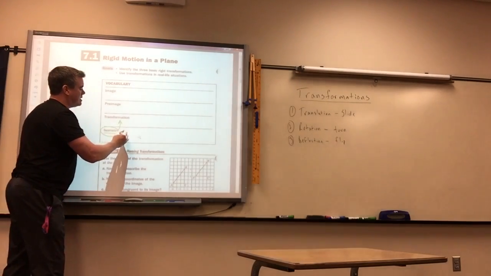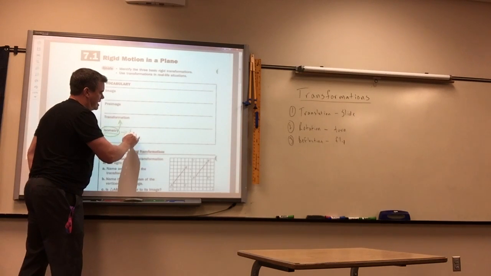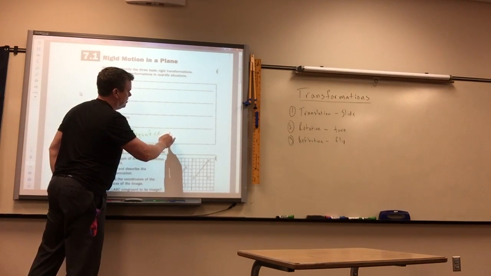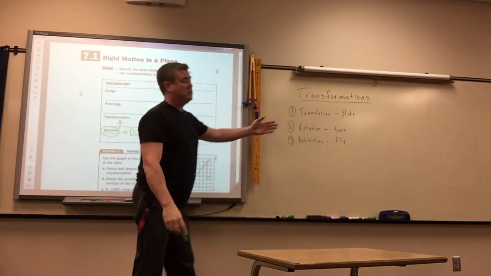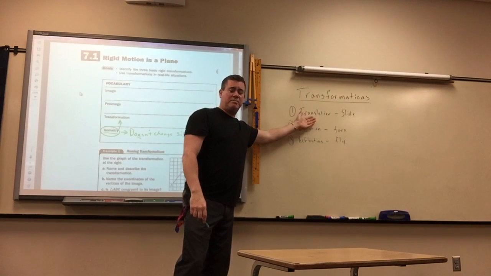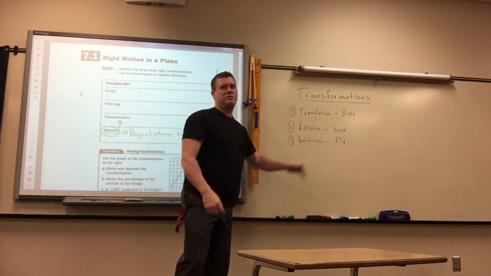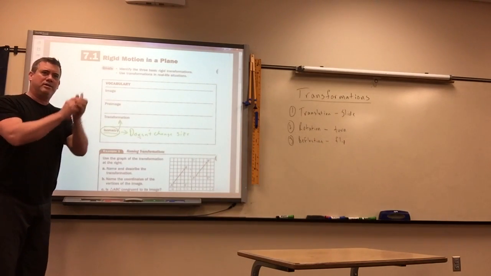If something's in isometry, that means it doesn't change size. So translation is an isometry, rotation is an isometry, reflection is an isometry, because once you do it, it's not going to shrink it or make it bigger.